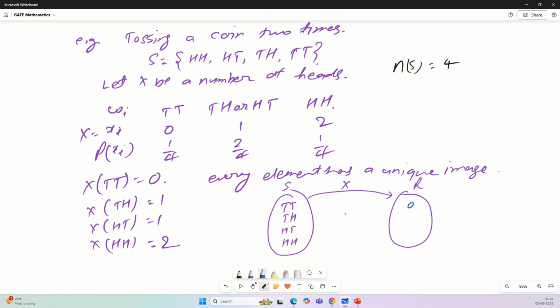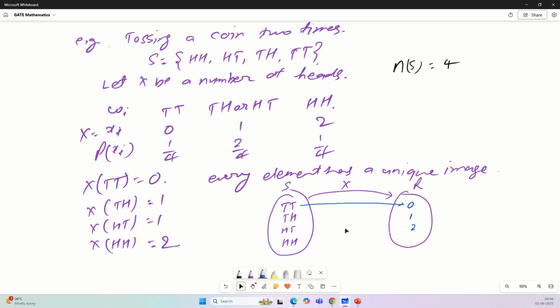It can be 0, 0.5, 1 or 2, any real number in this range. Zero heads is tail tail, so that maps to 0.